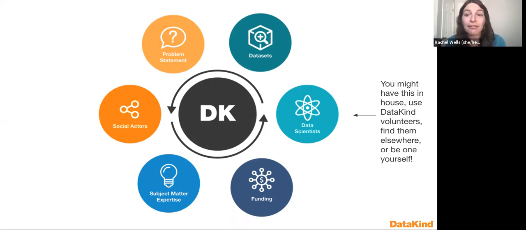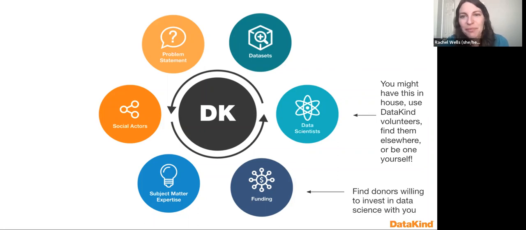But you also might be identifying data science talent through a corporate partner or by hiring data staff, all great options. And some of you might be data scientists yourself, and this is where you fit in. So this is your role here. And even if you are a data scientist, you might want to work with other data scientists who have complementary data skills, which is a common model for us with our partners.